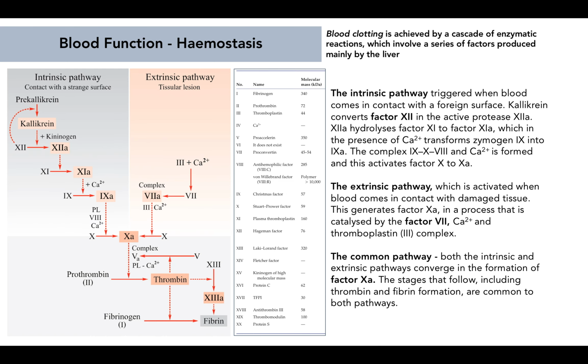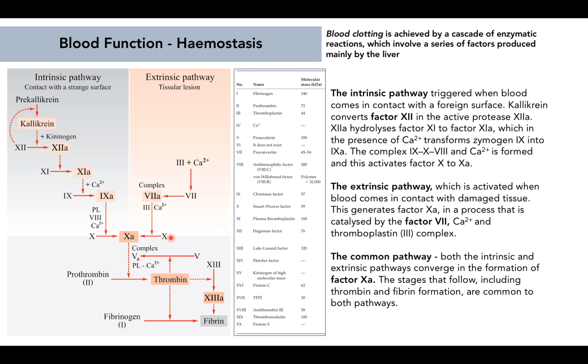So here we have the coagulation cascade itself. It's a cascade, and a cascade means a series of enzymatic reactions, a step-by-step enzymatic reaction. Now, most of the factors here are expressed in numbers. For example, this is factor 12, factor 11, factor 9, factor 10, factor 7, factor 10.